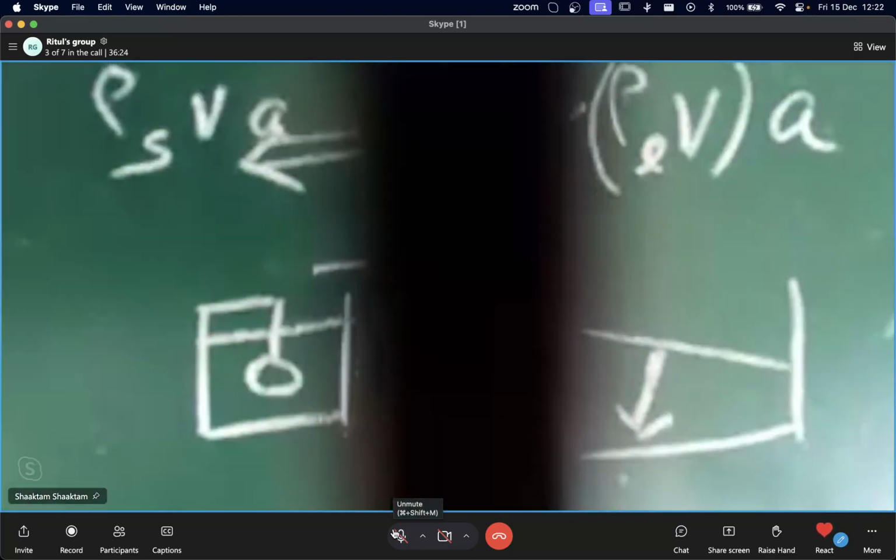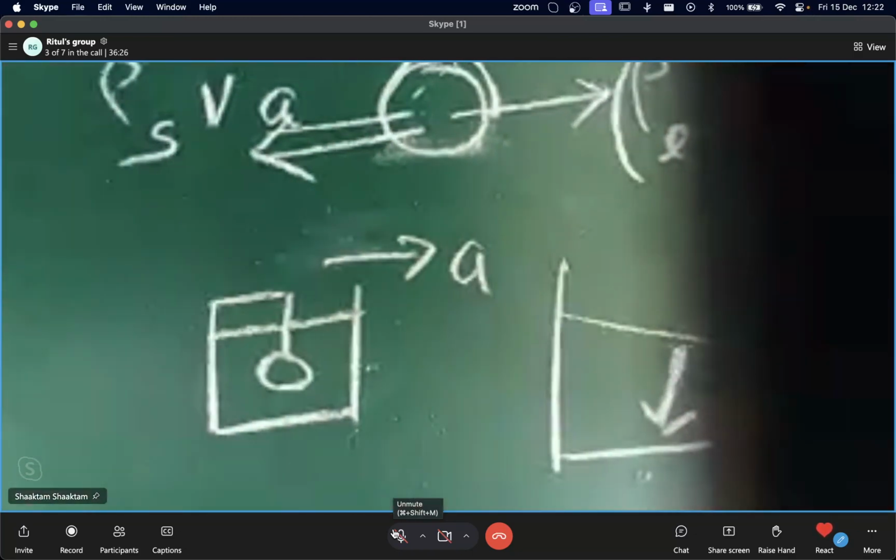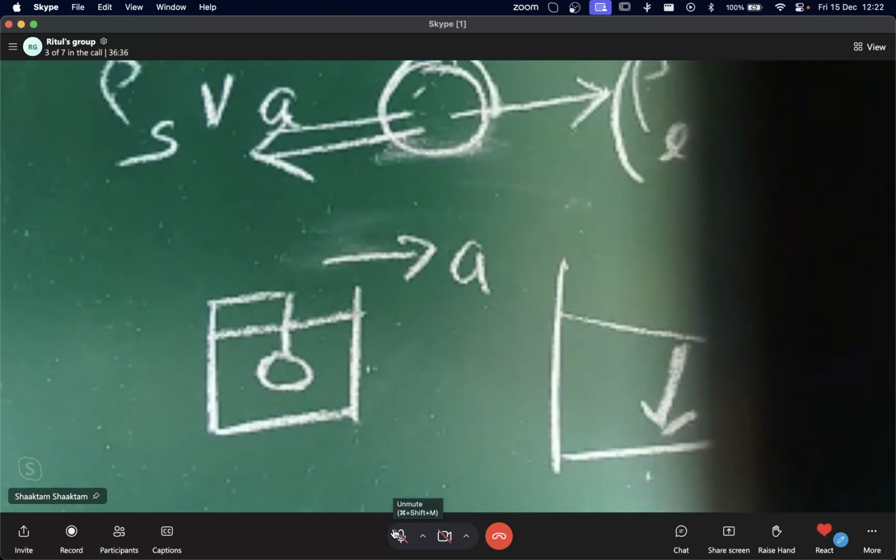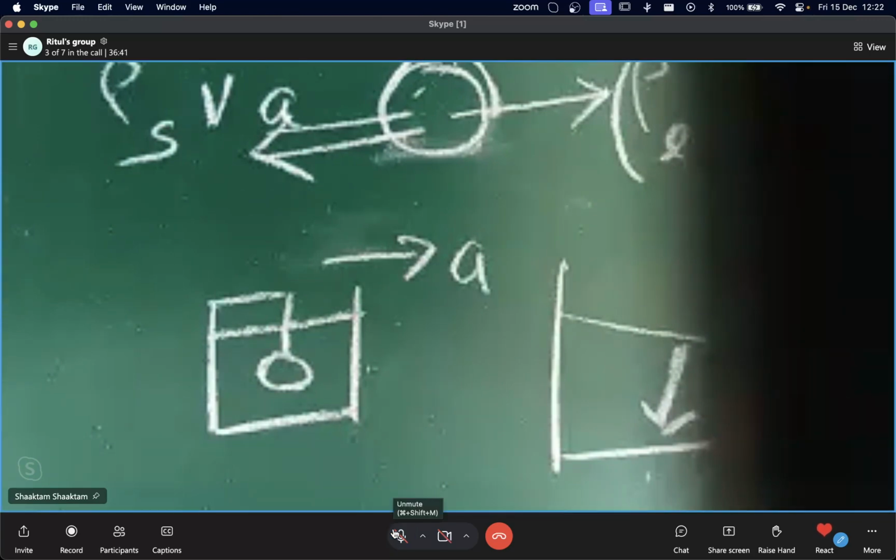The steel ball will tilt backward, right? Why? Because rho S V g will be more than rho L V g. Agreed? Yes, sir. So in this case the tilt will be backwards.